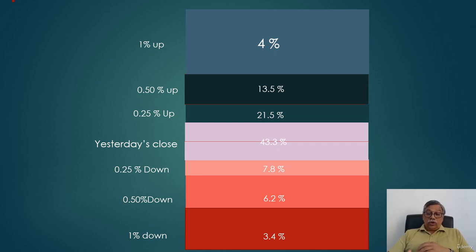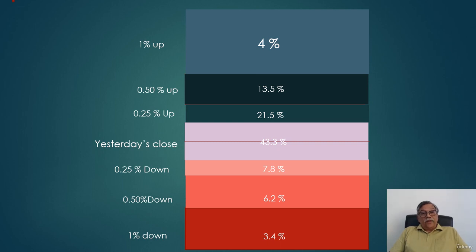So if you have a naked call open, you have shorted a call, but its strike price is 1% high, then the probability of reaching there directly at the open is very less. But if you have a naked call open which is only 0.5% up or less than that, then there is a significant possibility that on the opening itself Nifty may be above your strike price, your sold call.